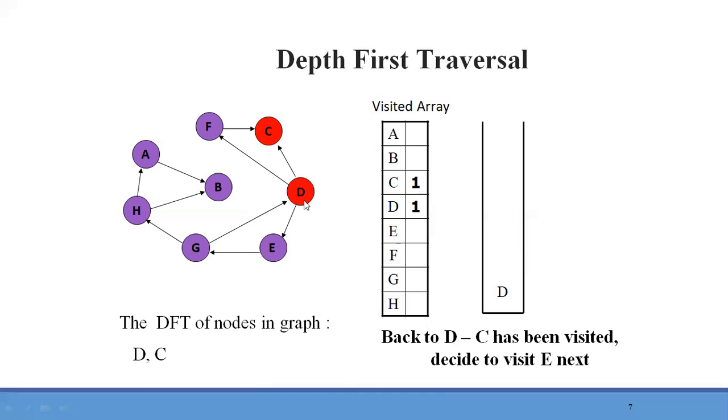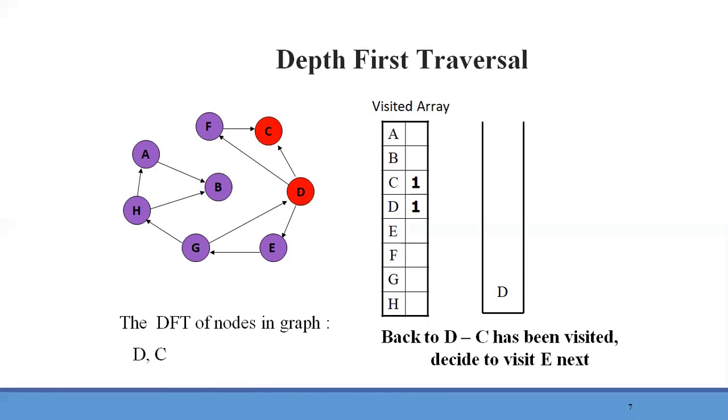If you look at this given graph, there is no node where we can go directly from C. So there is no node adjacent to C. So we cannot continue with C. We need to backtrack.